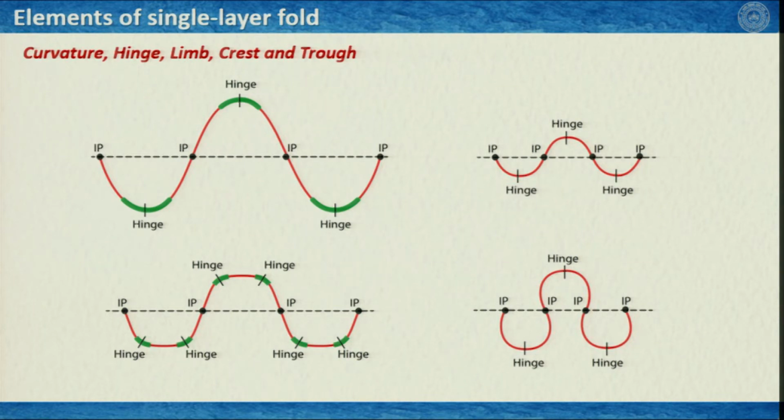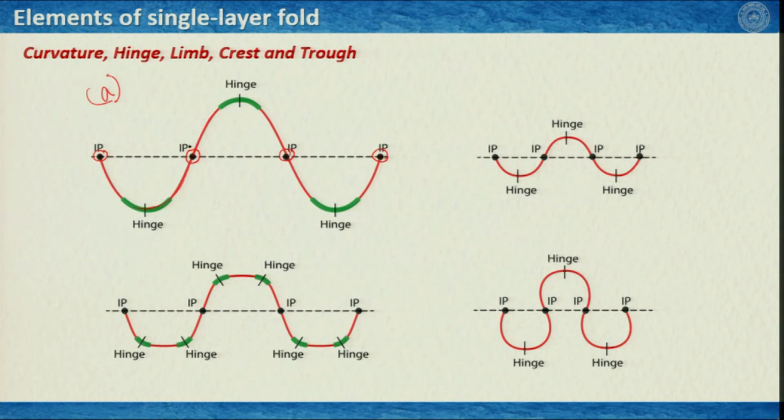As you can see in this first illustration, let us define this as A. What we see here is certainly an inflection point which is separating this folded segment from the other side of the folded segment. So, here this is convex, and here this is concave. So, I have alternate or continuous inflection points.